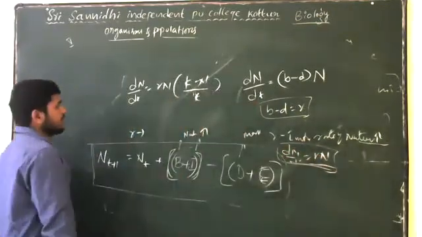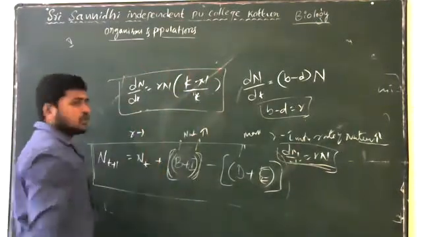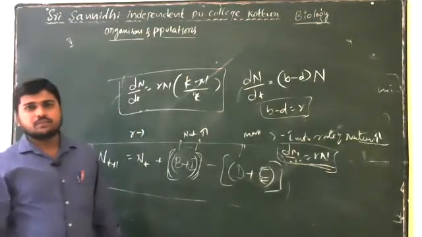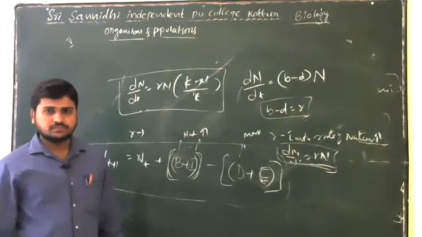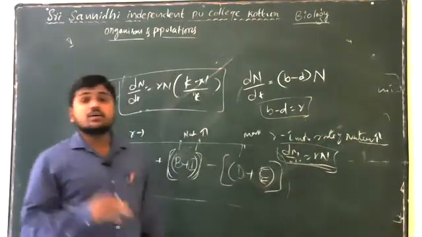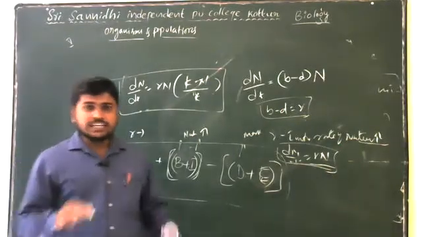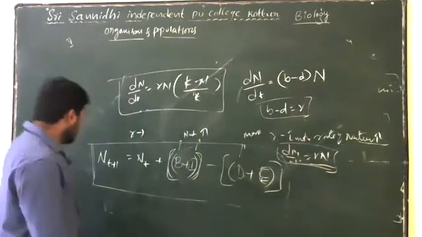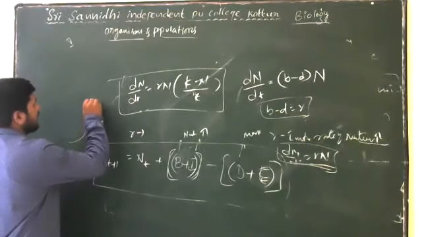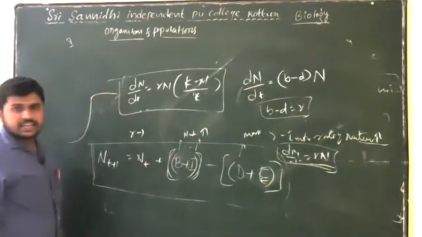Whereas in case of logistic growth model, so logistic growth model means what? Initially the organism, that is population, grows very well. Whenever the resources are limited, food and space are limited, during that time what happens? Initially growth occurs, and when the resources are limited, the growth declines, population growth declines.